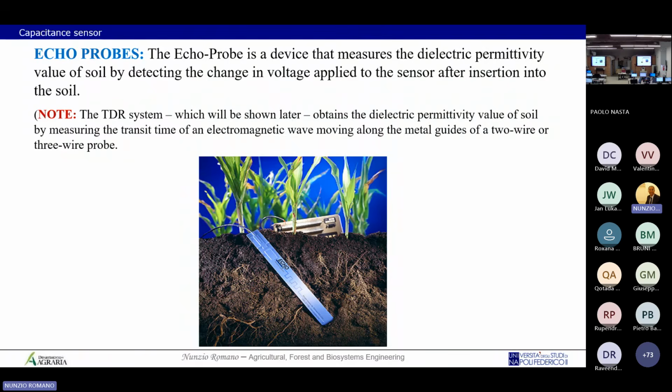What is important is that it is completely different from the TDR. The TDR obtains the dielectric permittivity by measuring how an electromagnetic wave moves into the rods. Instead, this capacitance sensor just monitors the change of voltage. From the electrical point of view, this is completely different.